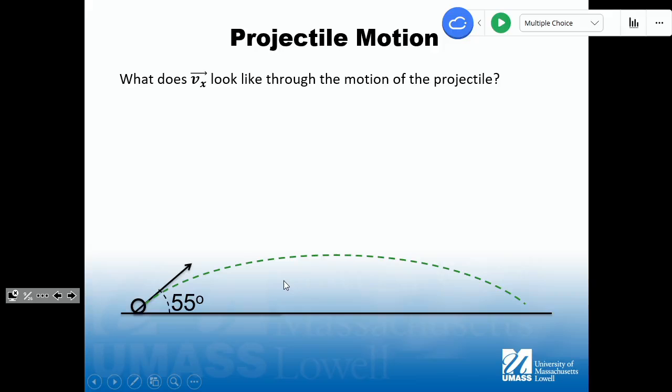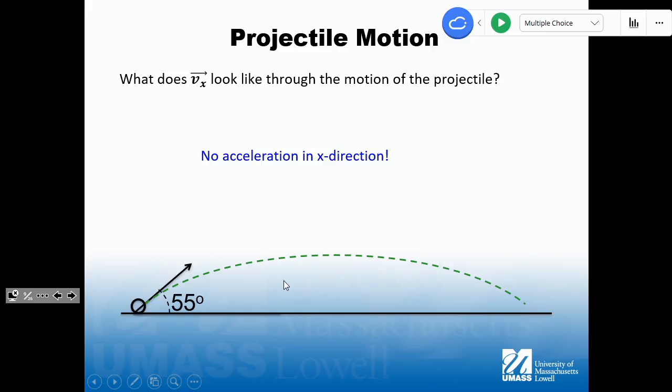So let's first look at the x-axis. What we know about the x-axis is that there is no acceleration in the horizontal x. The projectile is acted on purely by gravity, which acts vertically. So there is no acceleration in the x-axis. And no acceleration means what must be happening to velocity? It's constant.